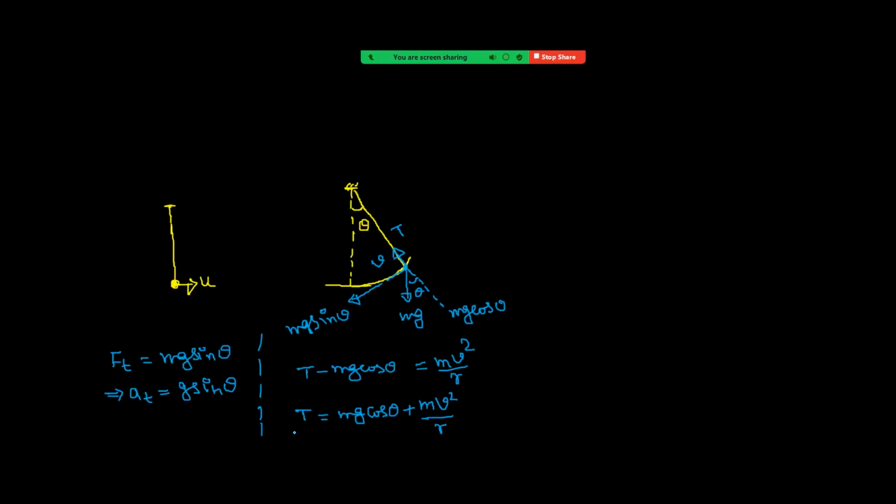Here we can say that while the particle goes up, the speed will decrease. We are taking the particle and earth as a system. Then gravitational force becomes an internal force and tension becomes an external force. By tension, no work is done because tension is always normal to the velocity of the particle.